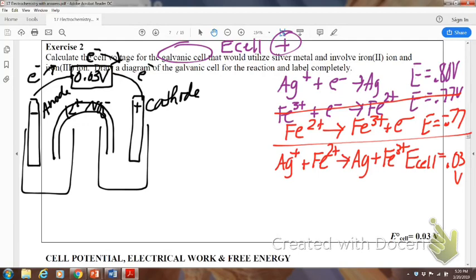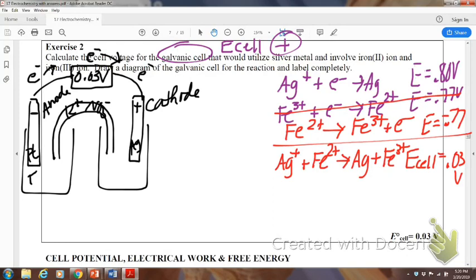Okay? Because we're doing iron, and we're going from a +2 to a +3, we would not do an iron electrode. You're very rarely going to ever do an iron electrode. For one thing, they rust. So we're going to use a platinum, and then this, of course, would be silver. And then we've got that labeled.